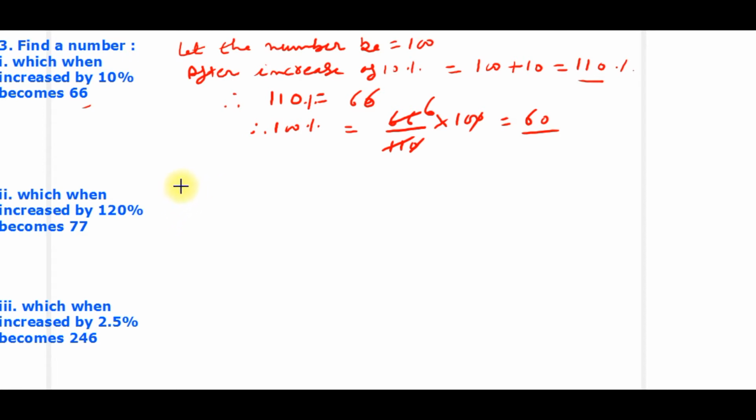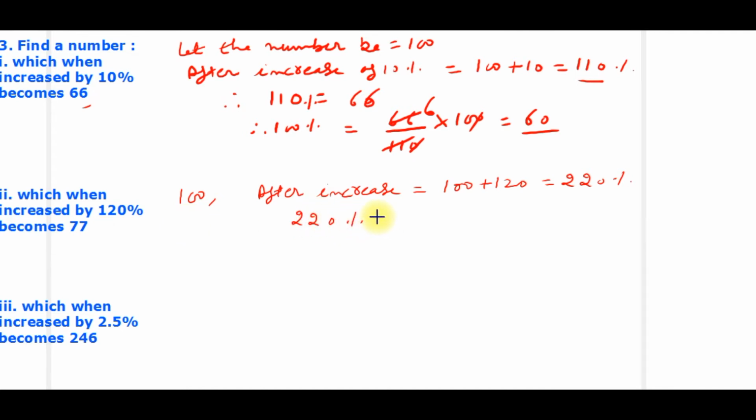Now find a number which when increased by 120% becomes 77. So let the number be 100, just like the above question. There is an increase of 120. After increase it would become 100 plus 120 equal to 220%. Now this 220% has become 77.